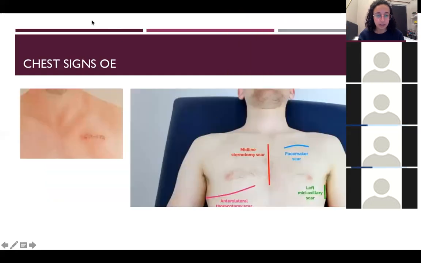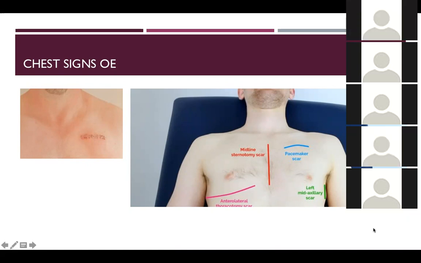Okay, and finally, examination findings of the chest. What's this on the left? I mentioned it earlier. You can see a little bump under the skin.